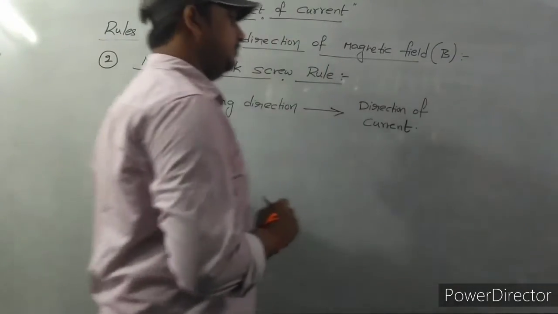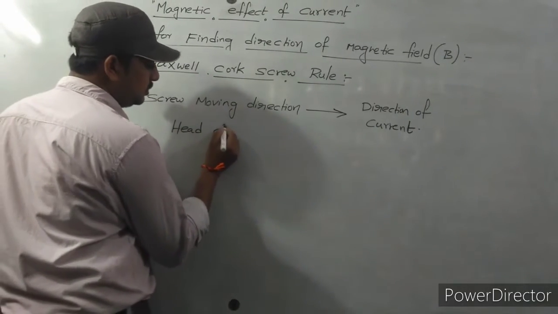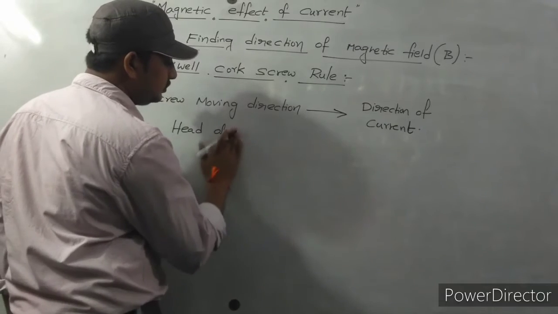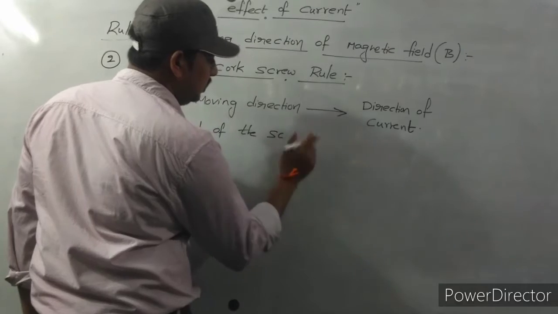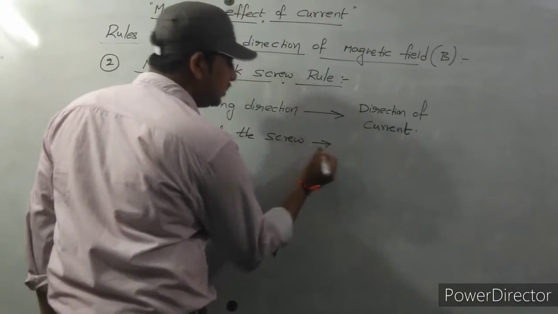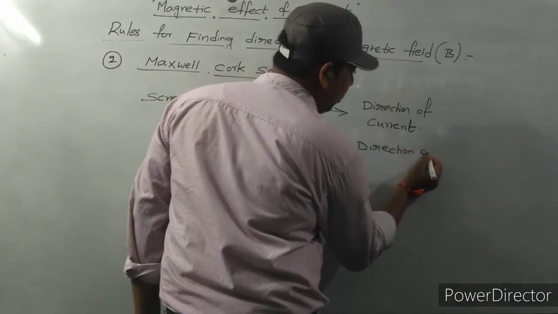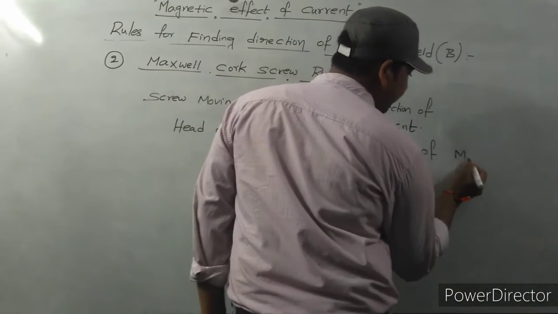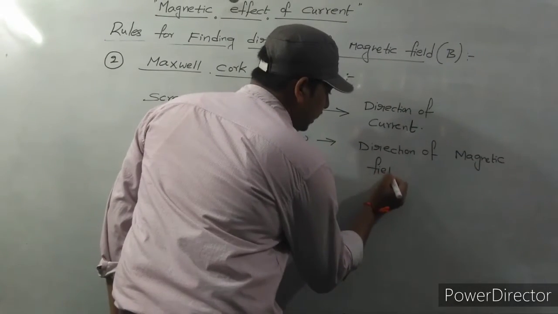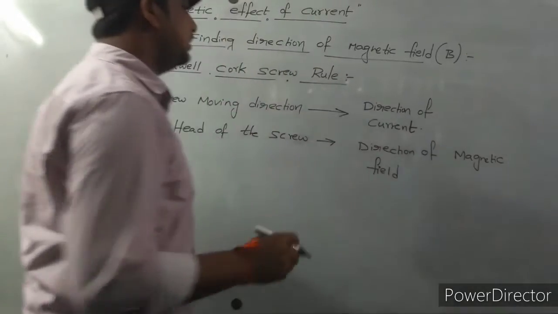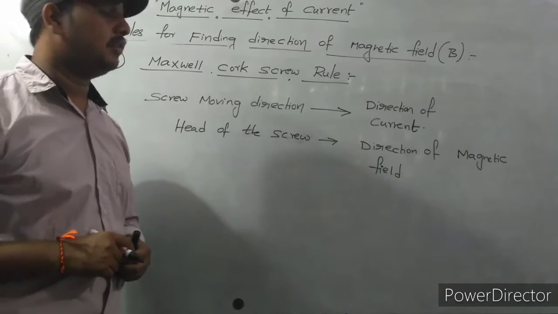The head of the screw indicates the direction of magnetic field. Head of the screw indicates direction of magnetic field. Screw moving direction indicates direction of current.